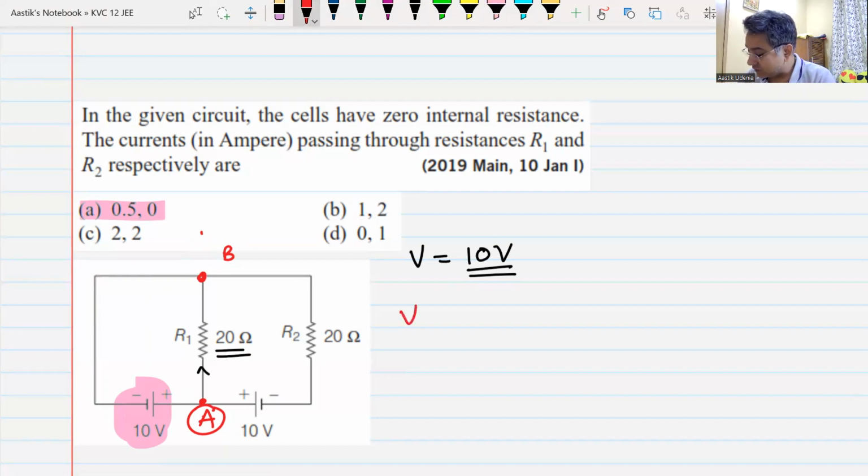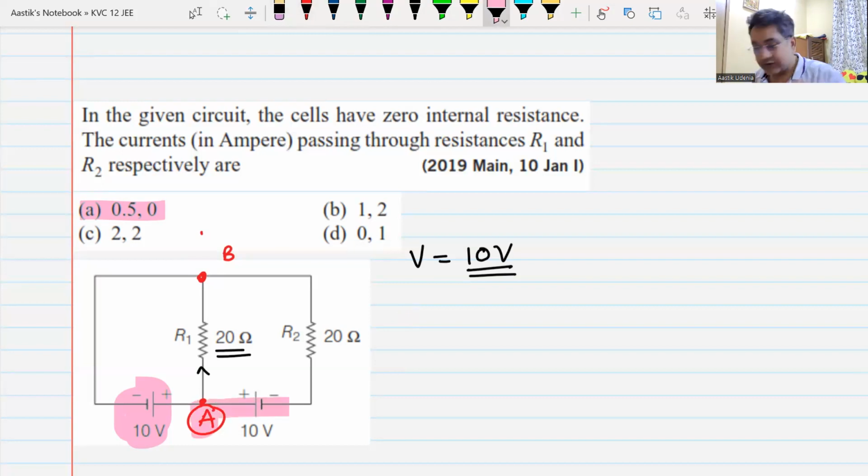So I write the equation, minus 10 by 20. Take a deep breath and then see. Potential of point A is 10. Potential of point A is 10.